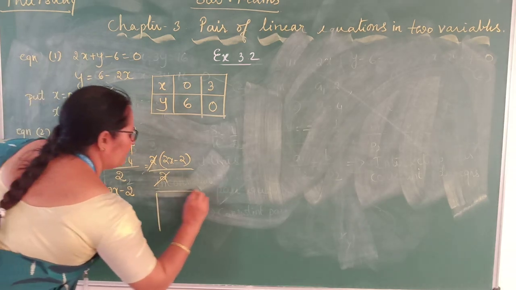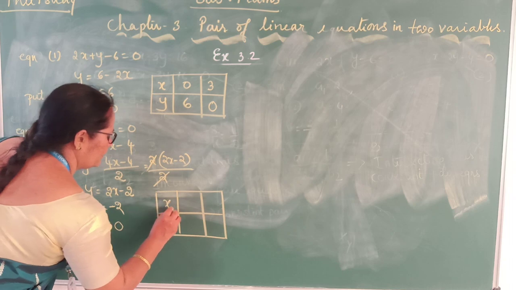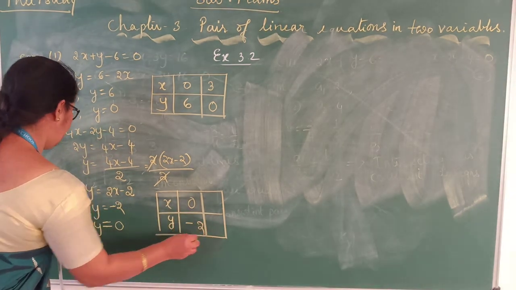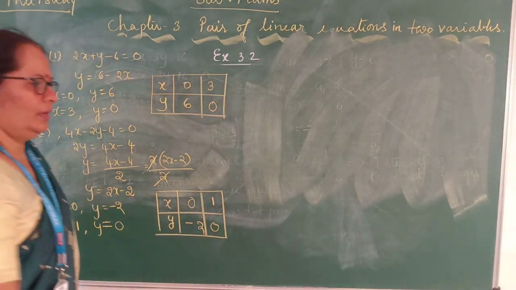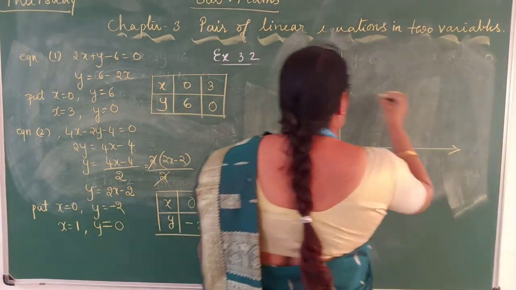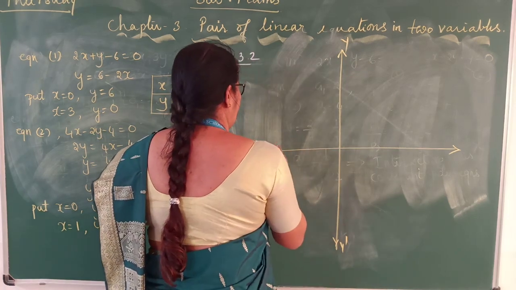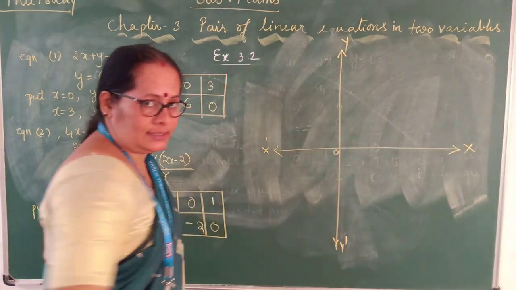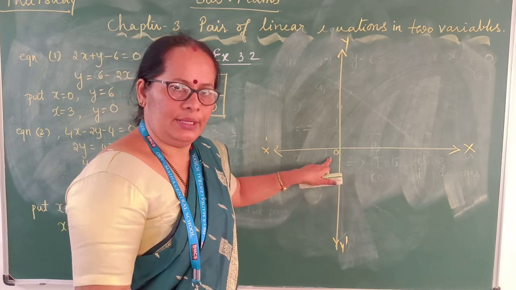For the second equation, the coordinates are: x is 0, y is minus 2; x is 1, y is 0. Now plot the graph for this. This is the y axis, and this horizontal axis is the x axis, and the intersection of both the axes is the origin. So at this point both the coordinates are 0.